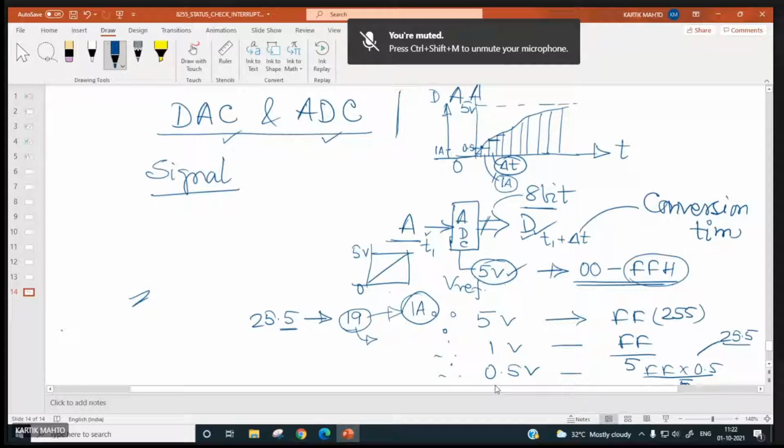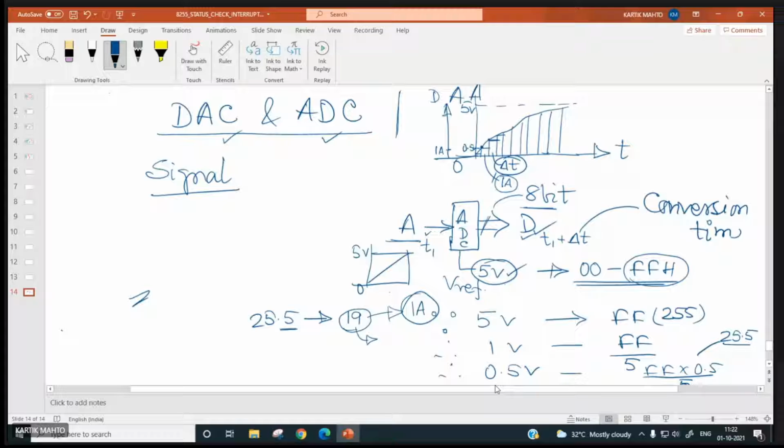See, you are correct. But I'll tell you that your analog is always more accurate. Why am I saying more accurate? Why is digital not more accurate? Because your limitation is here. Your next step is going to be derived on the basis of this 1A, and this is the step size.